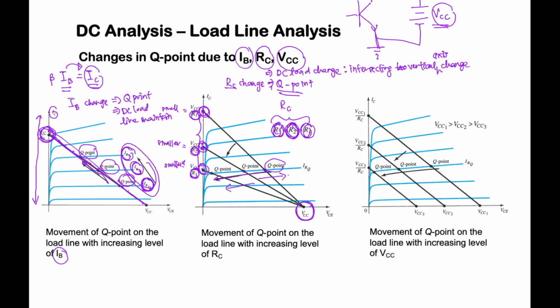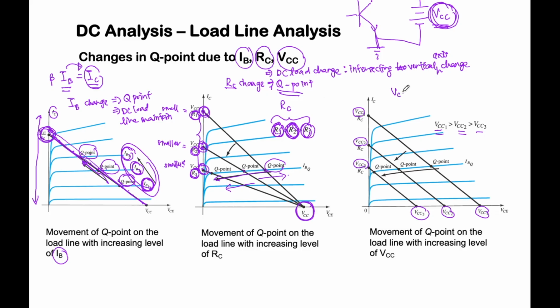Next, what will happen when your VCC is changing? When your VCC is changing, the intersecting of the vertical line is changed, and the intersecting of the horizontal line also will change.